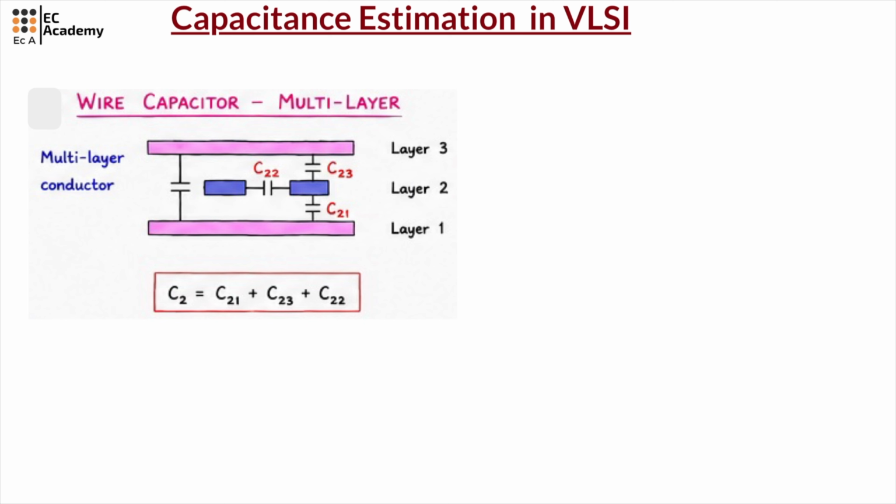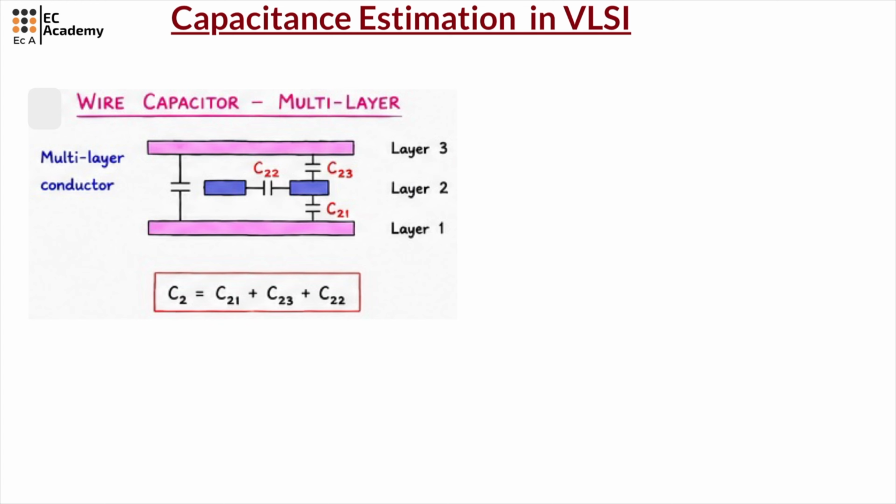Now, let us understand wire capacitance in multiple layers. Modern VLSI chips have many metal layers. Here we have layers 1, 2 and 3, and because these layers are close to each other, capacitance exists between them. We can have capacitance between layer 1 and 2, between layer 2 and 3, and also between nearby wires.